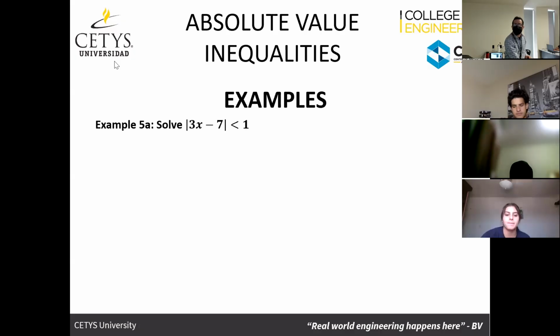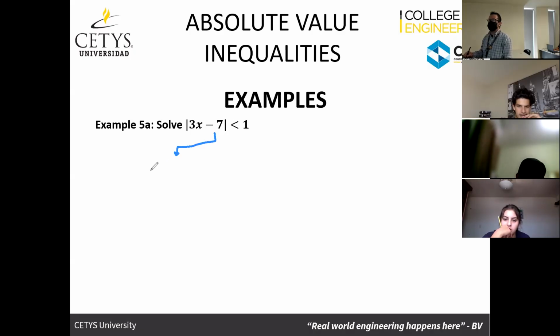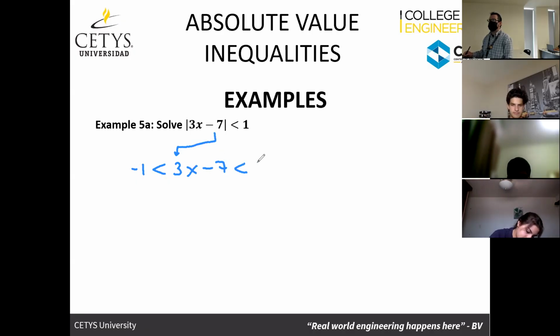To remove the absolute value, we're going to consider both the positive and the negatives automatically with the type of sign we have. So since it's a less than, we're going to do -1 < 3x - 7 < 1.